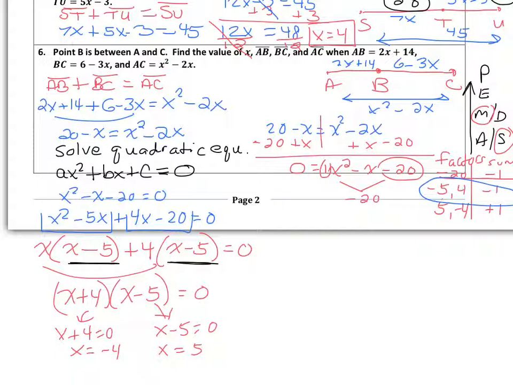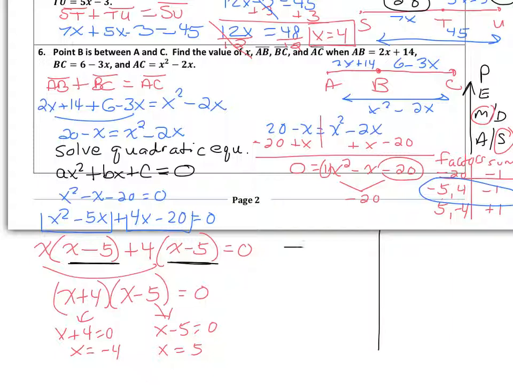So we're going to substitute, and we're going to go back over here to our algebraic expressions. Let's start with a positive one first. Actually, I'm going to make a nice table.